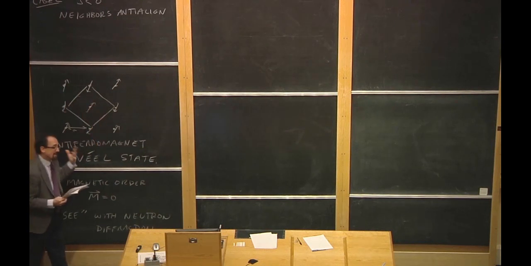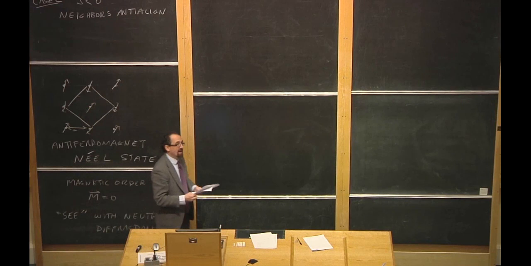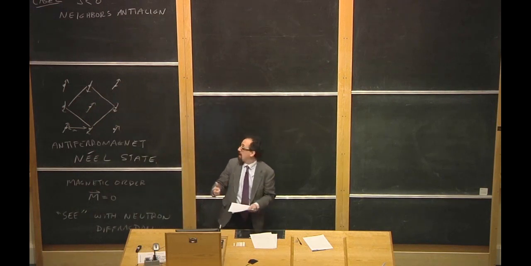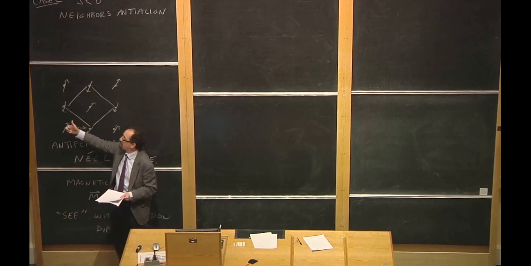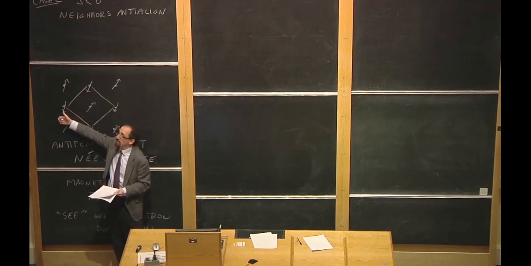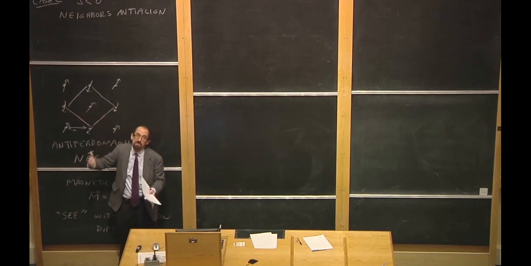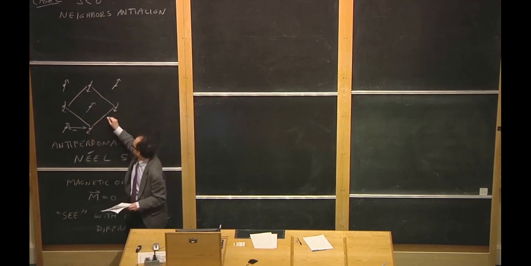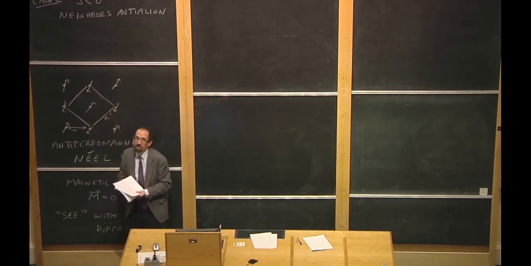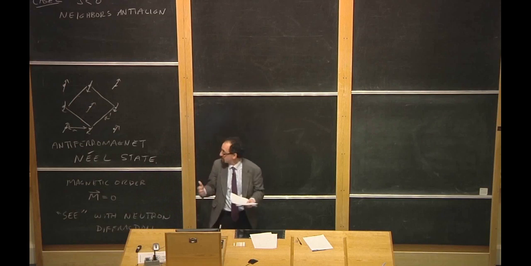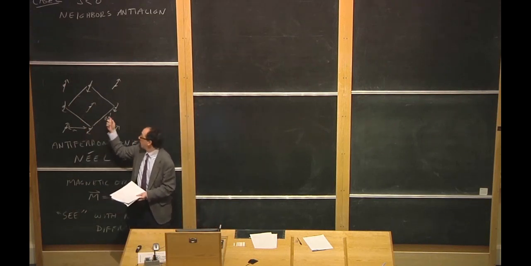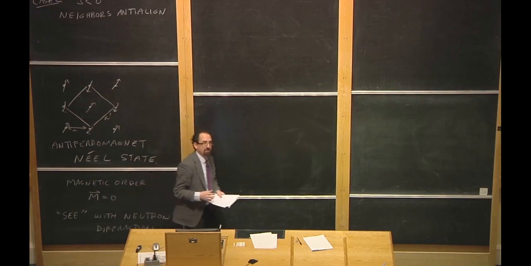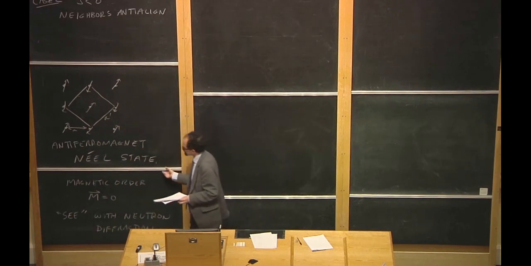The reason is that the neutrons themselves have spin, and they interact differently with this atom than with this atom because their spins are anti-aligned. So it sees a unit cell which is this big, a prime. So when you do your neutron diffraction experiment, you will see a different size of the unit cell when antiferromagnetism occurs. You get a bigger unit cell.